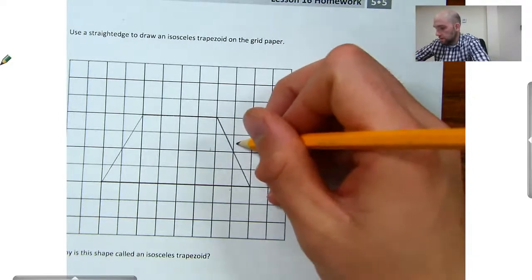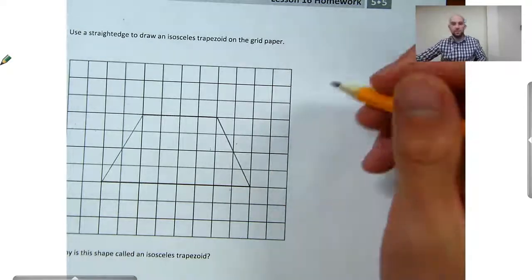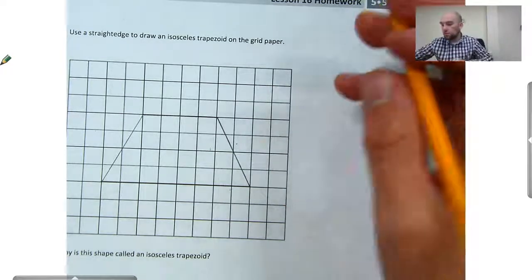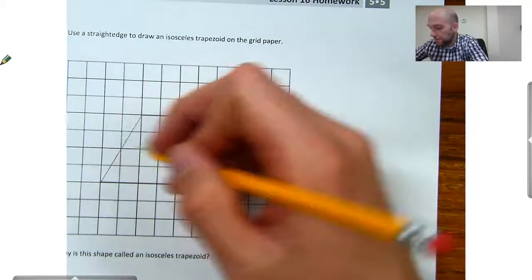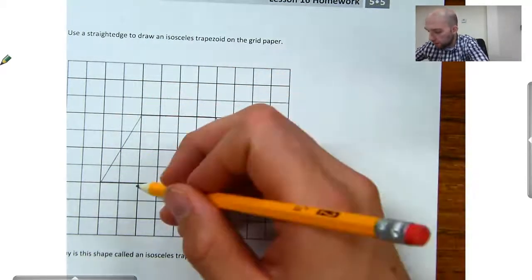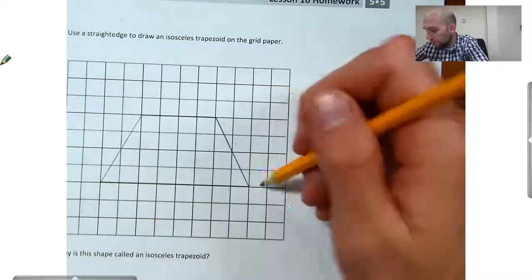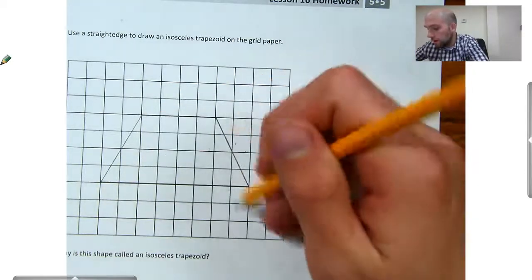And that would give me the square root of 20. It wouldn't be a super easy number to find, but we know that this and this would end up being the same because we went over 2 and up 4, and over 2 and up 4.